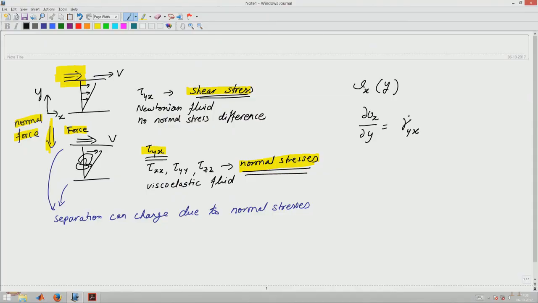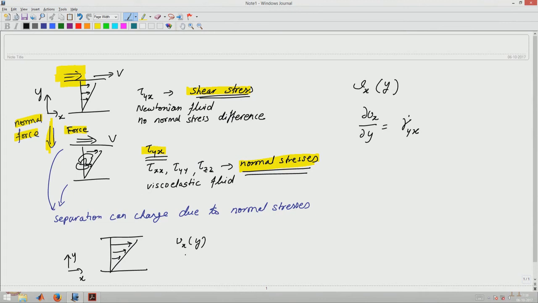So, now let us look at the stress tensor in simple shear for a general fluid. In the case of a general fluid, we again have the same flow where we have taken the fluid in between 2 different plates, and since this is a viscoelastic fluid and we are imposing velocity on it, we can see y and x, and of course z is perpendicular to the screen.